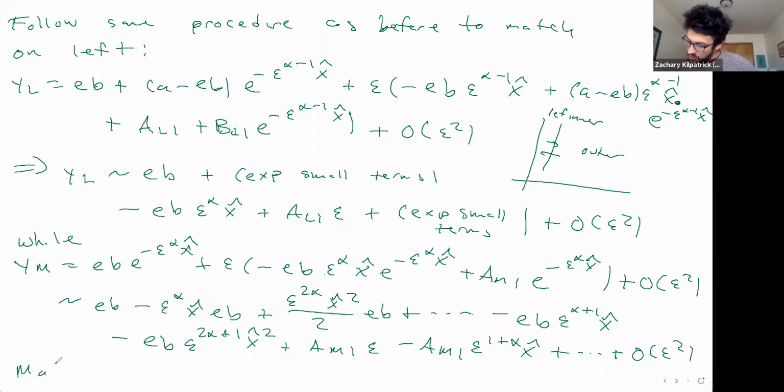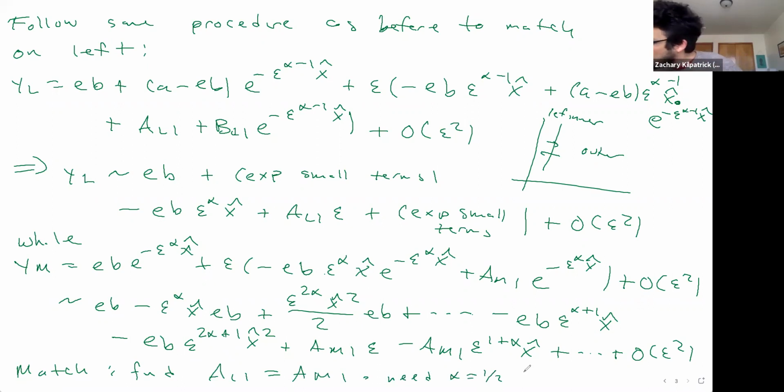So if we match these terms, at the end of the day, we find that A_L1 is equal to A_M1, okay? And we also need that alpha is greater than a half, okay?